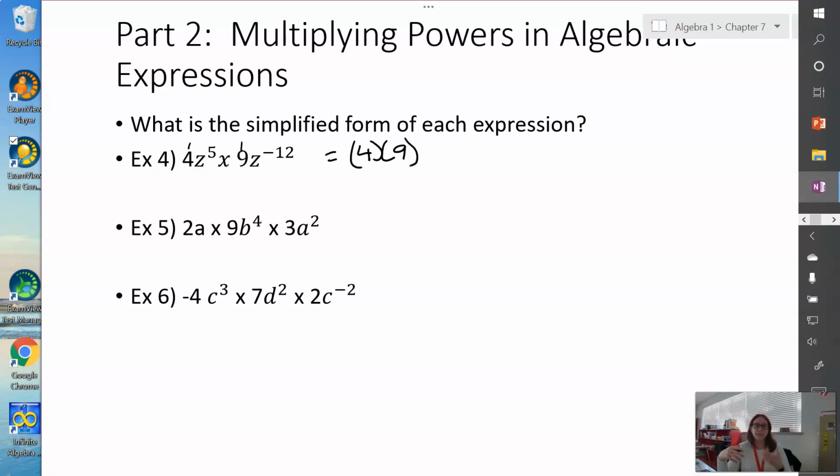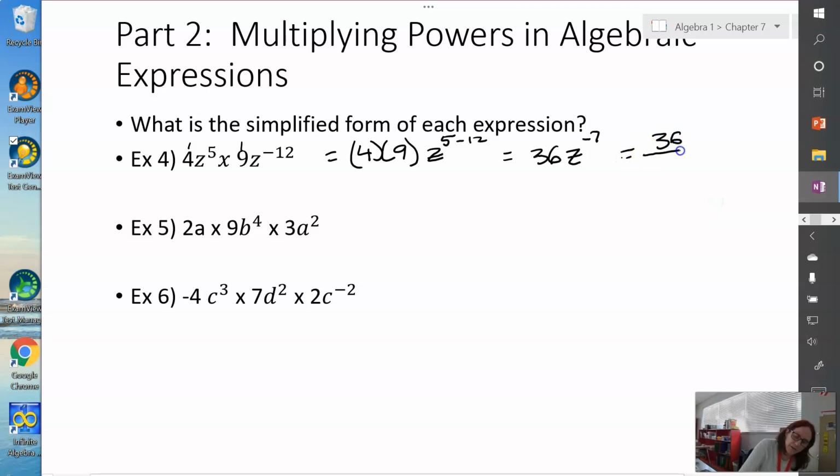So that's going to be z to the 5. And I'm going to add my negative 12, because if I add a negative, that's the same thing as subtracting. So I get 4 times 9, which is 36, z to the negative 7. Now I have a negative exponent, so I need to move that downstairs. I can't leave it alone. So I'm going to get 36 over z to the 7.